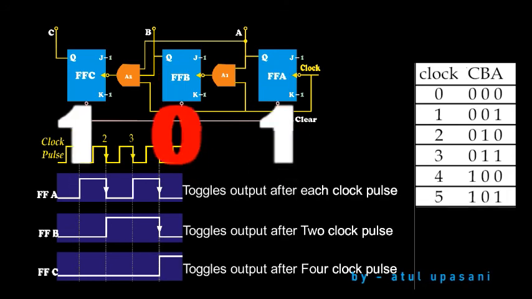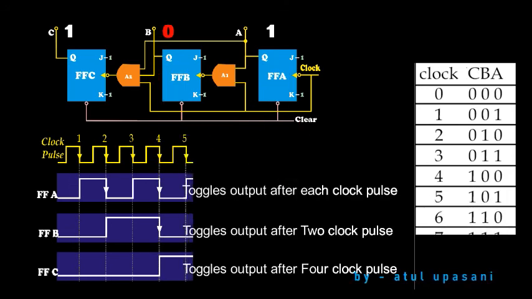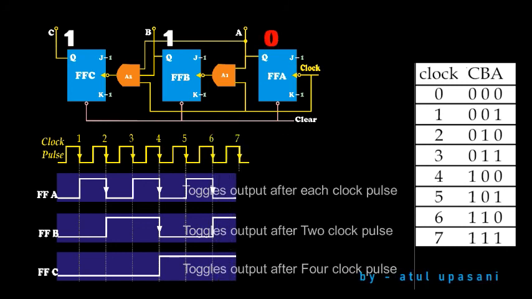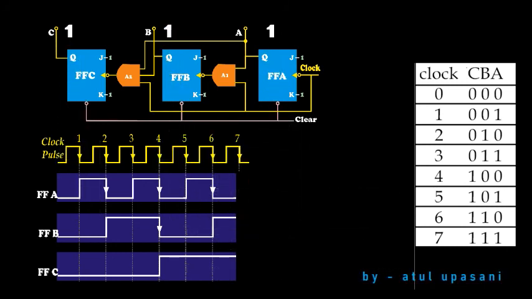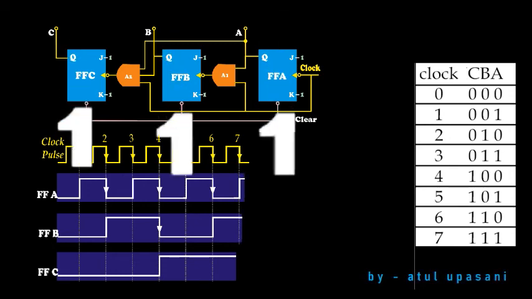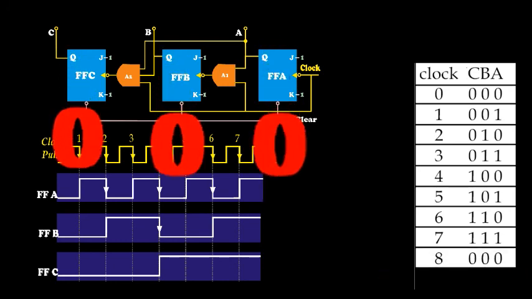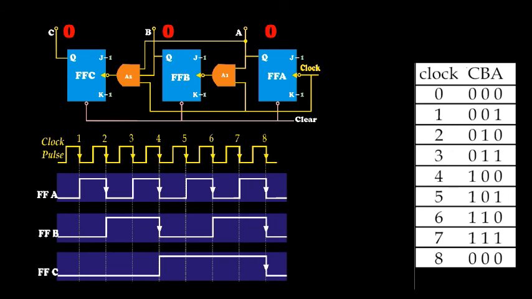In this way, the counter counts strictly in the binary sequence. At the negative edge of the 7th clock pulse, the output will become CBA equal to 111. Now if the next clock pulse is applied, the counter automatically resets, making the output CBA equal to 000.